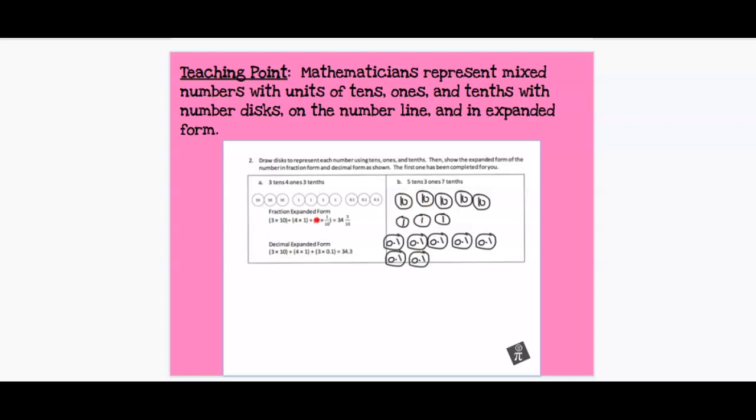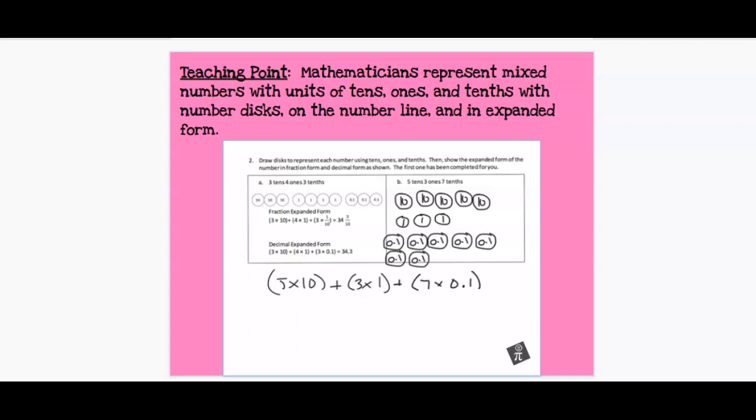And then if we want that in expanded form, so we've got 5 copies of 10, plus then we have 3 copies of 1. And then it's going to be plus 7 copies of 0.1.